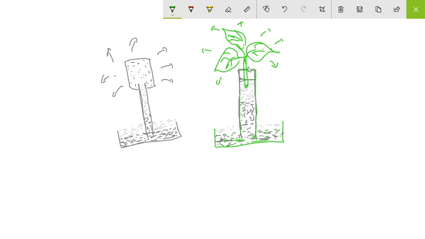It is shown that as the mercury rises, it means it creates the transpiration pull. So it is also known as the porous pot experiment.